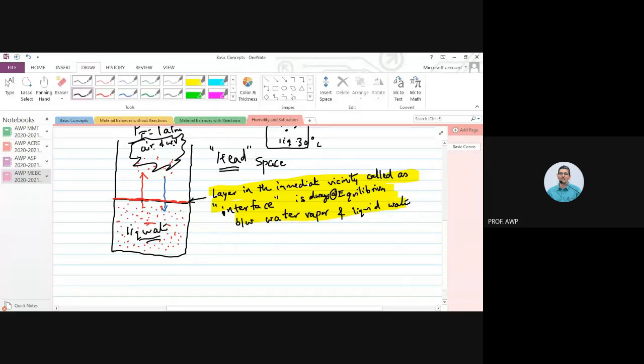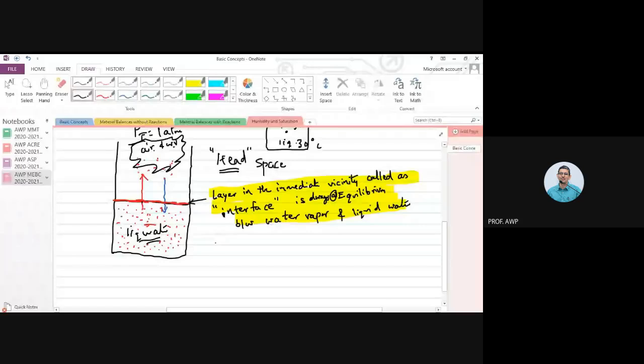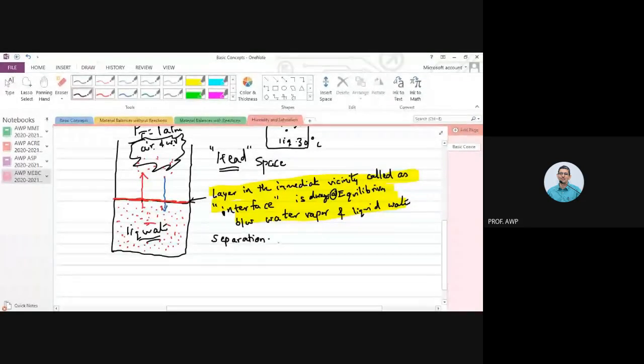We are going to use this principle in all the separation processes that you are going to come across in your second year and third year.